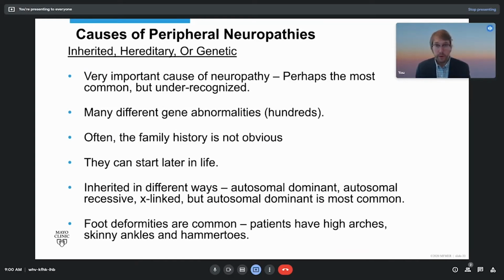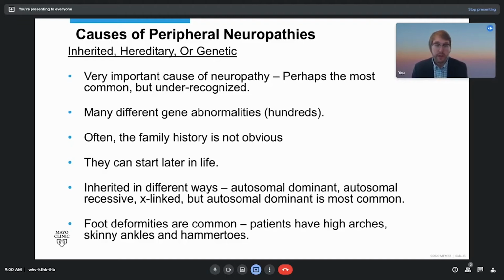I think that one of the most frequent but unrecognized causes of neuropathy are inherited or genetic neuropathies. And that is because sometimes the family history is not obvious. Maybe your mom or dad had a bit of numbness or tingling in the toes, and they went about their life. Maybe they were a farmer. They just got the job done for the day and they went home. They didn't complain. They didn't go to their doctor about it.